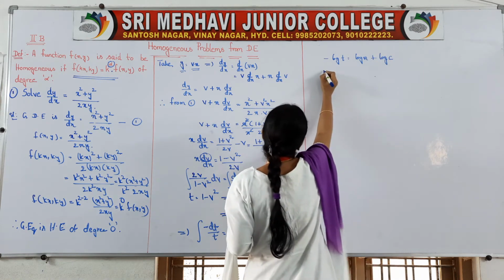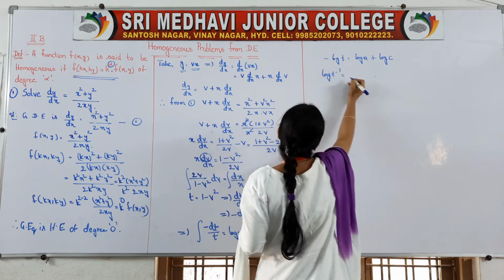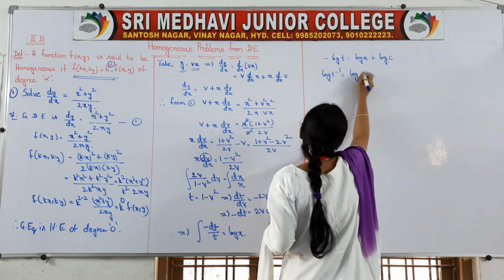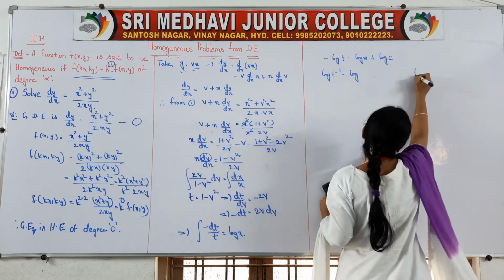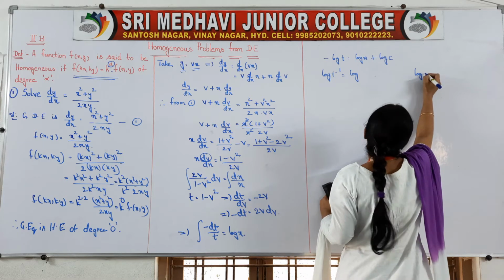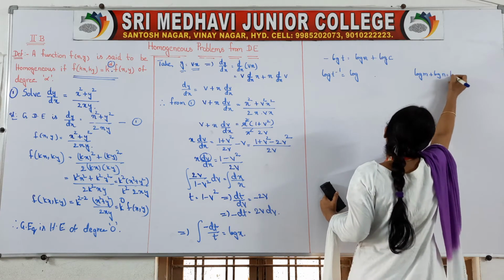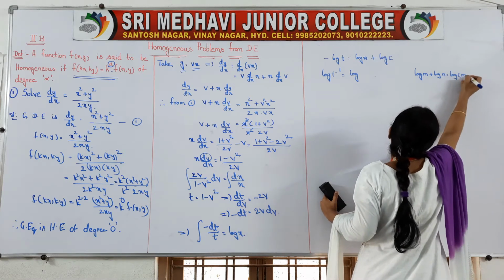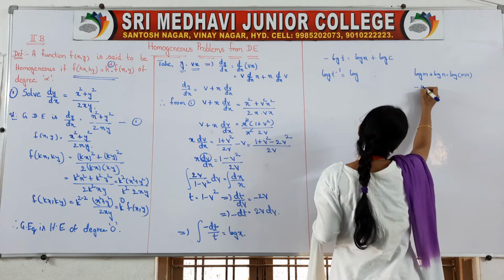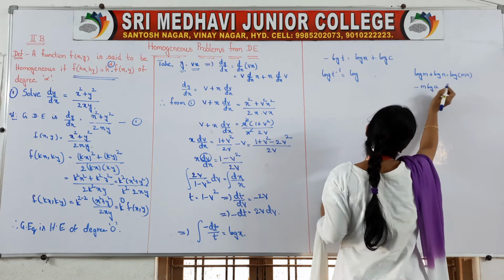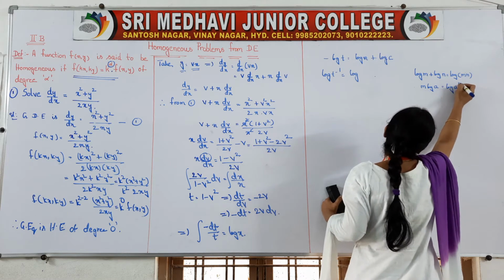Okay, so next we can write this as log of t to the power of minus 1 is equal to log x plus log c. There is one formula, log m plus log n is equal to log of m into n, and also m log a is equal to log a to the power of m.